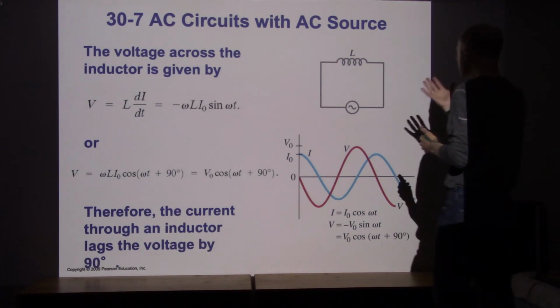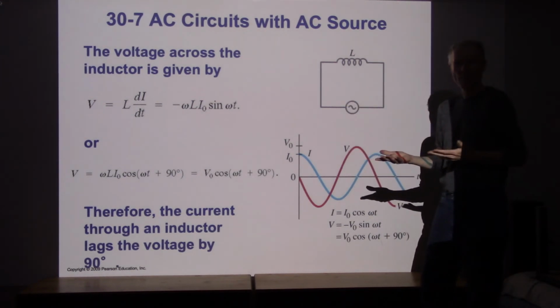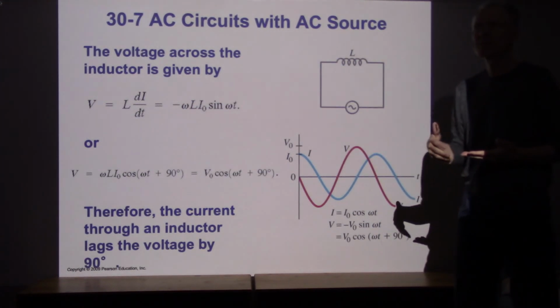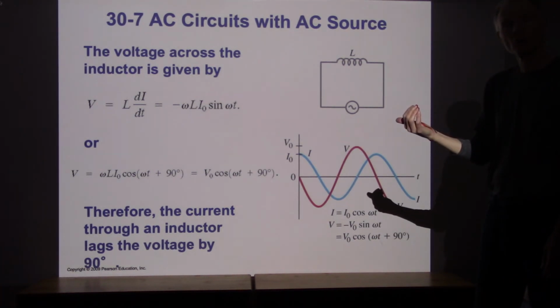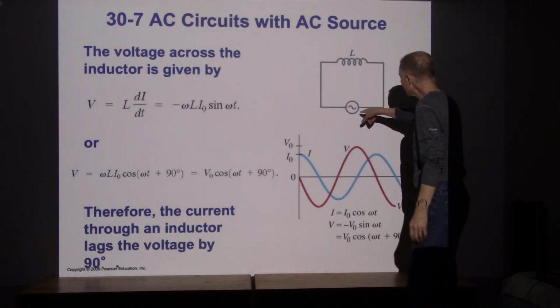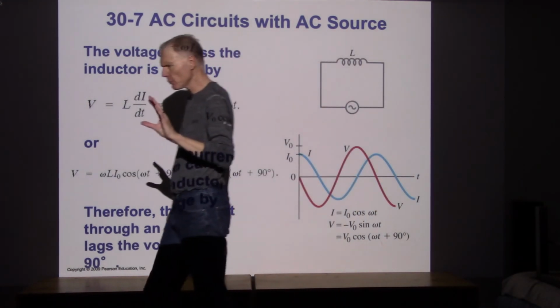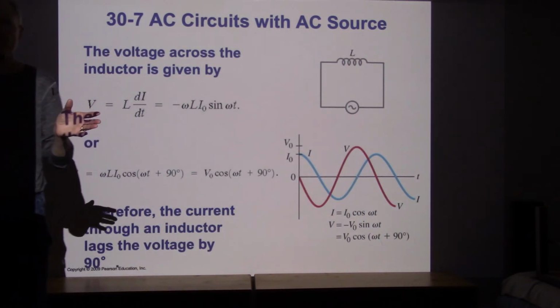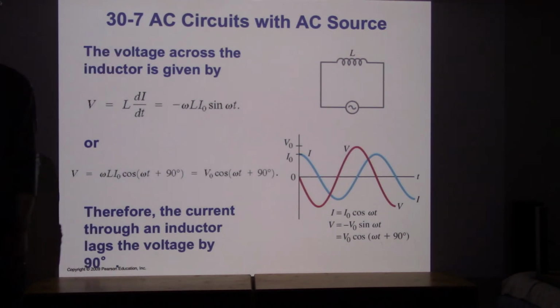The inductor puts up these opposing back EMFs, and that creates something that's equivalent to resistance. If we turn the frequency of the oscillations higher and higher, so we oscillate the current faster and faster, how's the inductor going to respond? It's going to put up even more resistance.